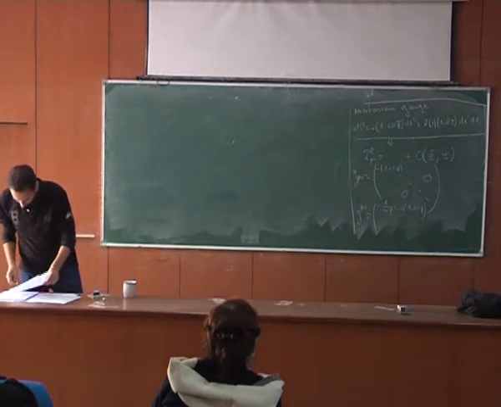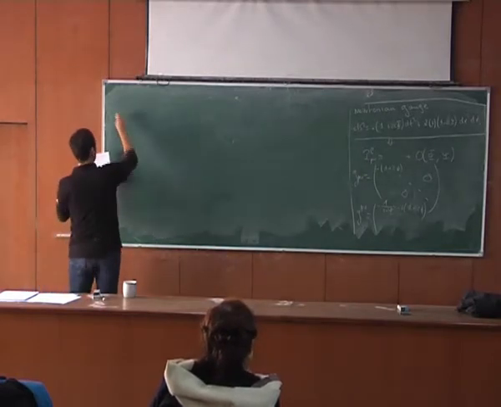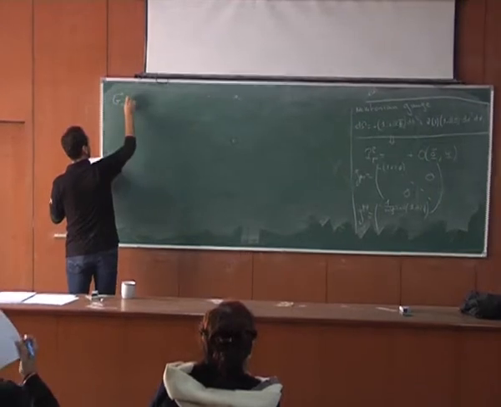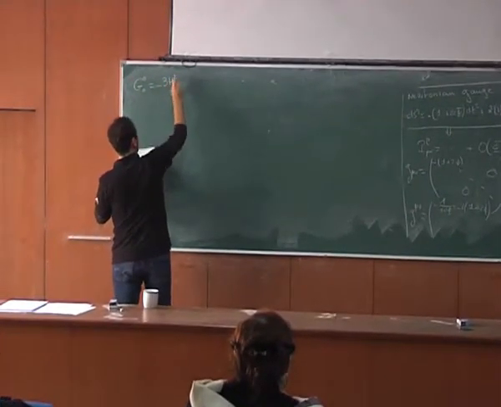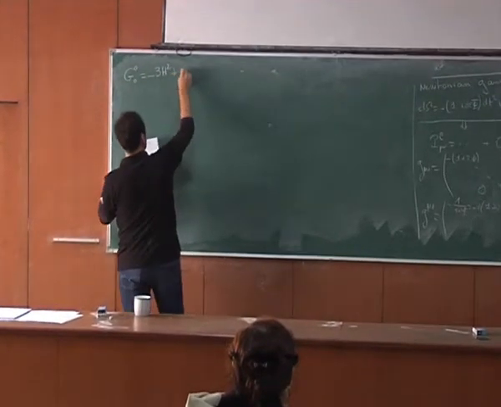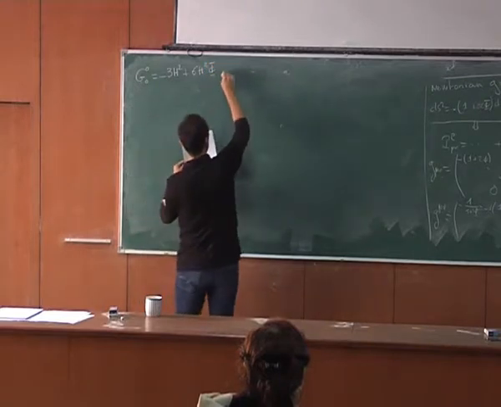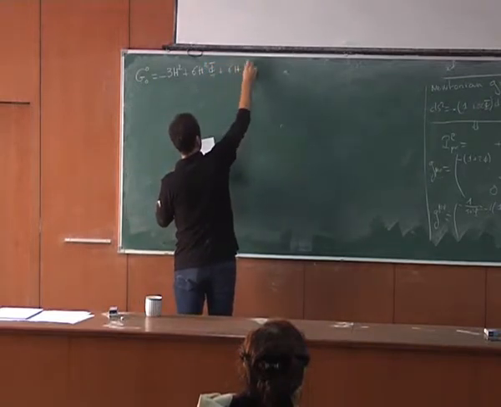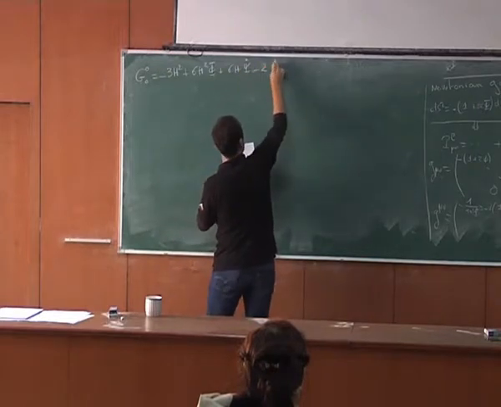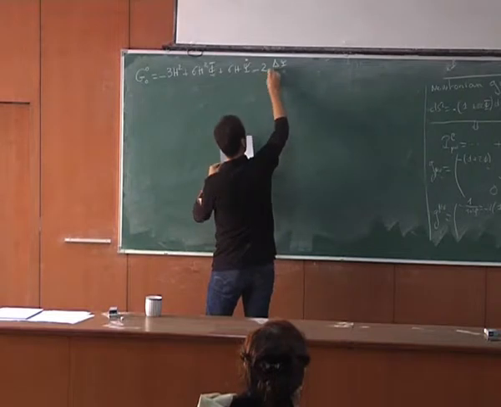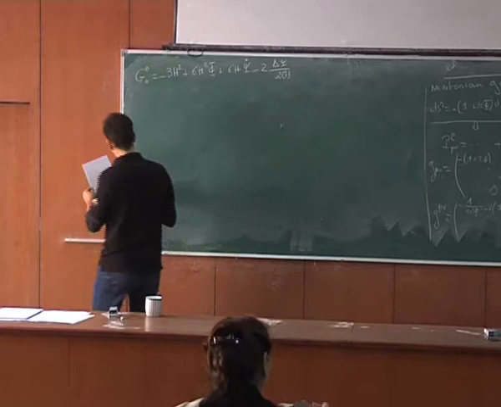So, for example, G00 is minus 3h squared, which is just the background quantity, plus 6h squared phi plus 6h psi dot minus 2 Laplacian of psi divided by a squared. And this is at the first order.